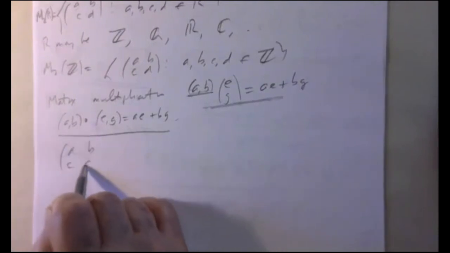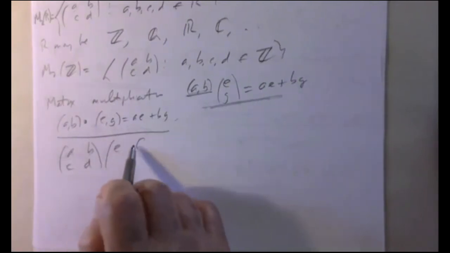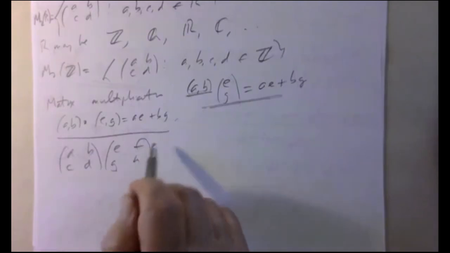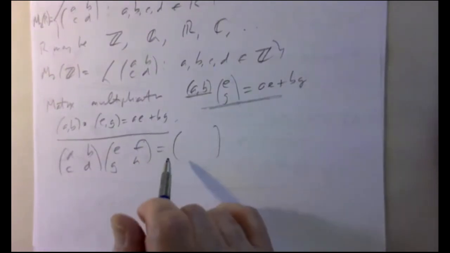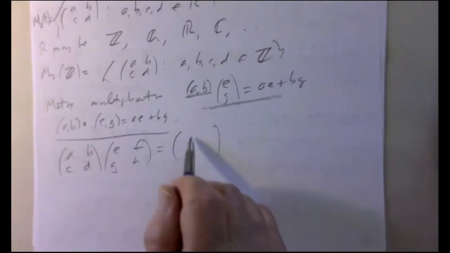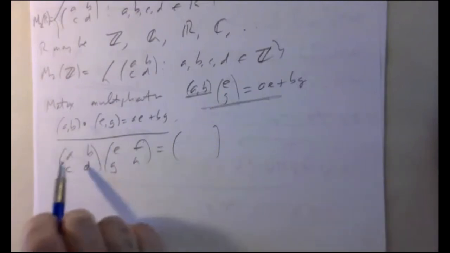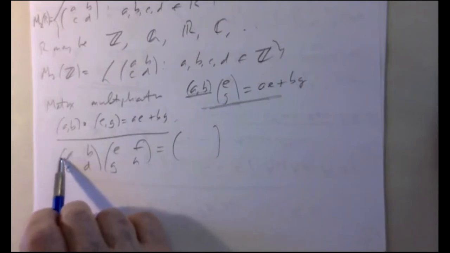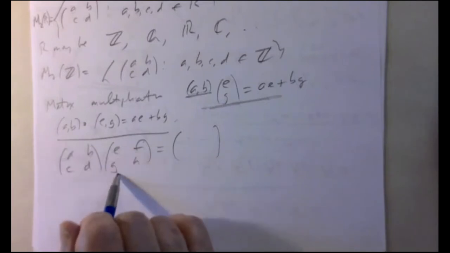And if I'm going to multiply two 2 by 2 matrices, the element that goes in the row i, column j position in the product is what you get by multiplying the ith row on the left with the jth column on the right.